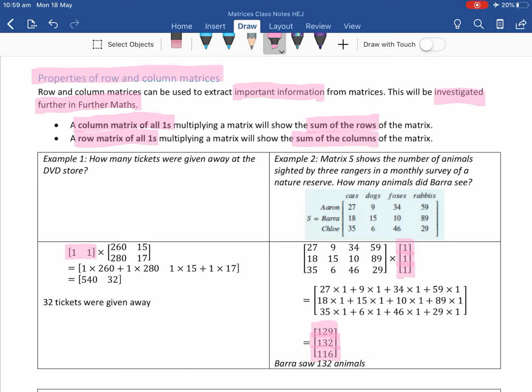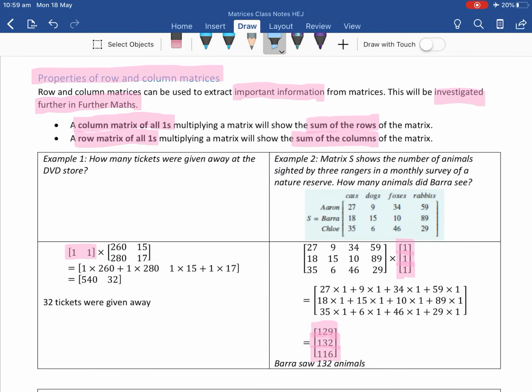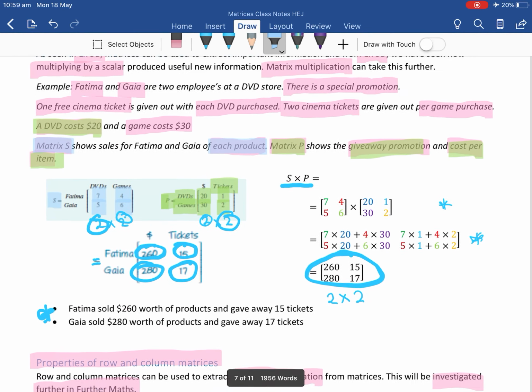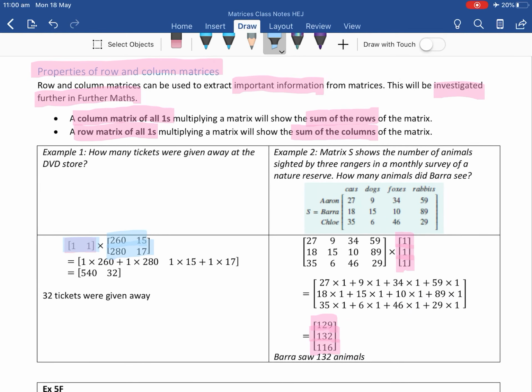So for example, this one over here, we've got a 1 by 2 matrix multiplied by, from the example above, the tickets matrix. Because we have a row matrix of all ones, it's going to give us the sum of the columns. So we multiply these together and we end up with this.